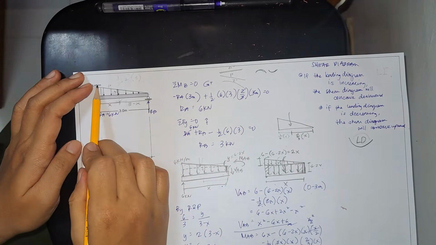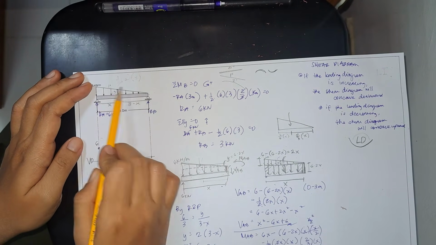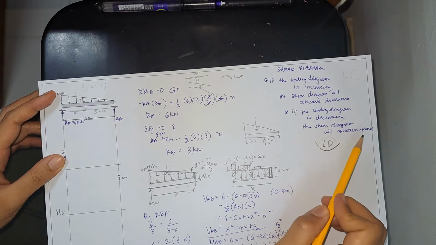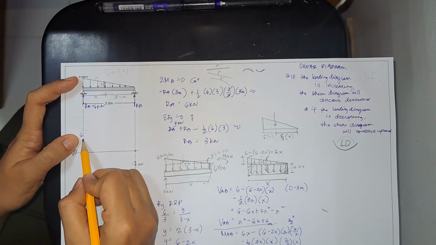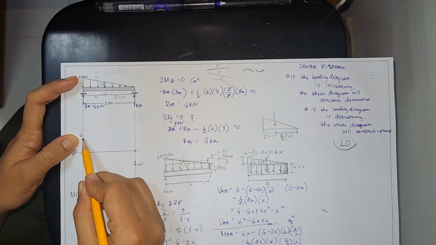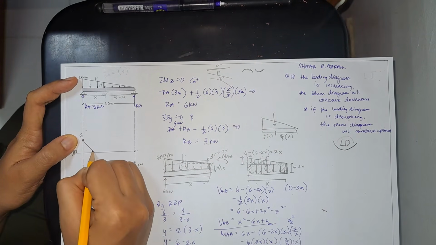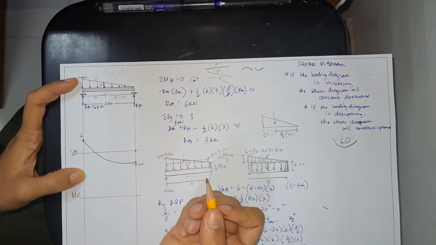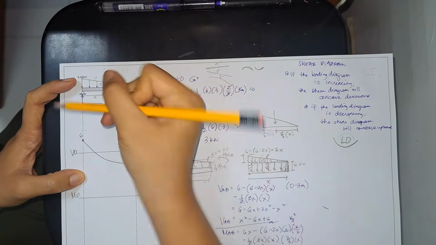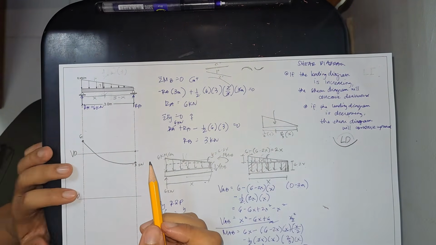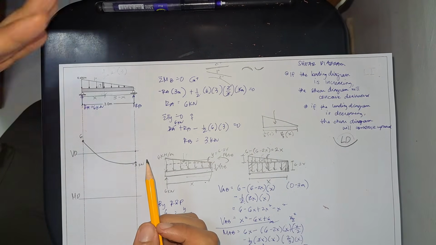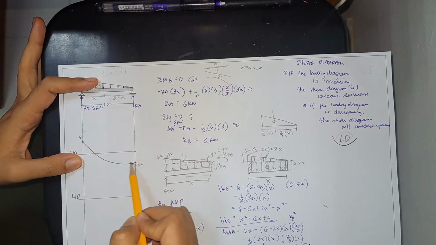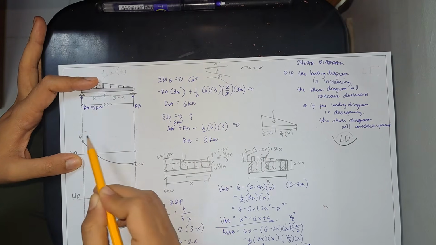So for this one, since decreasing po siya, now the shear diagram will concave upward. So the line na gagamitin natin dito is concave upward. Naka-concave po siya upward. Yung bending po niya is on the upward or dun sa facing up. Ito po yung tinatawag natin na concave upward.